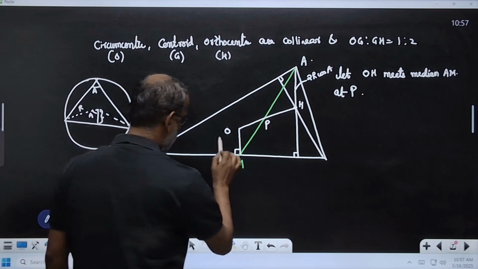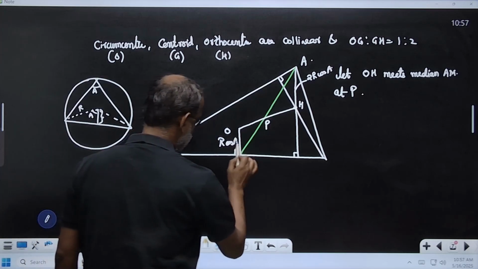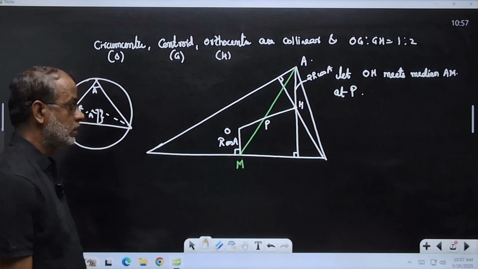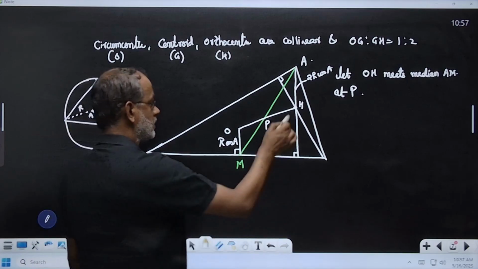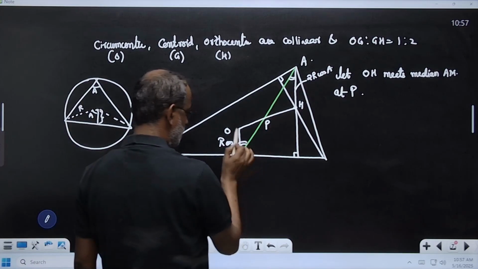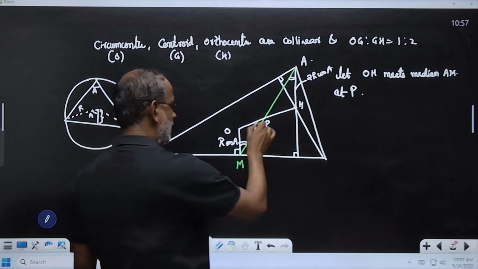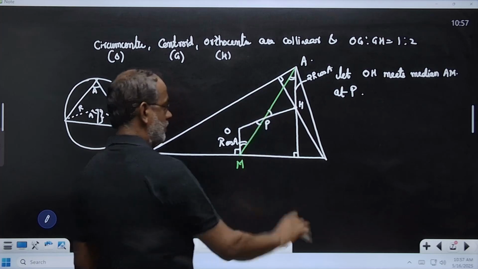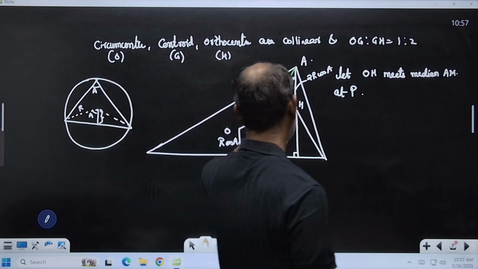This is R cos A. These two are parallel lines, and this angle is definitely equal to this angle. So, these two are similar triangles.